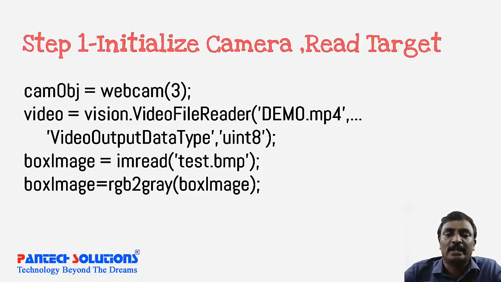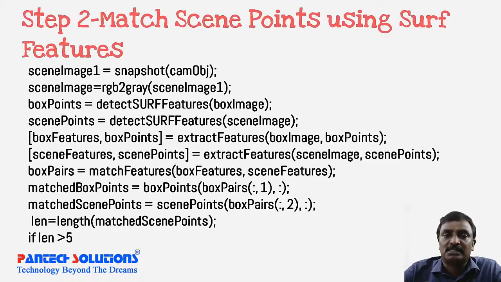Four lines of code. And step 2, this is the process which we have repeated twice. We have seen the same example in feature extraction and in object detection. I will repeat it one more time so that you have a better understanding of the code. The first thing is to get the snapshot, that is, the frame from the camera.